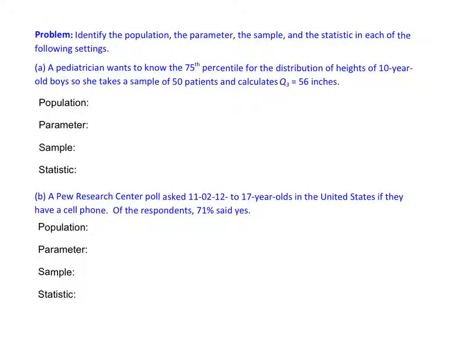All right, in our first one, we're going to identify each of these 4 things. We just say that the population, it's just 10-year-old boys. Okay. Parameter would be the third quartile of heights of 10-year-old boys, but we don't know. Right? That's the point in taking the sample and getting a statistic, is that you don't know the parameter. Okay, you would have to get data on every single 10-year-old boy. Good luck with that. Okay, that's not going to be an easy thing to do, and that's why we would use a sample instead.